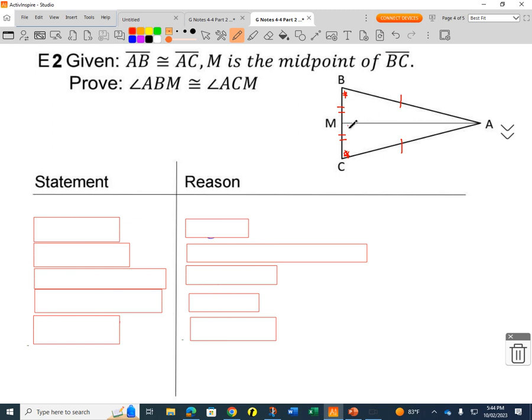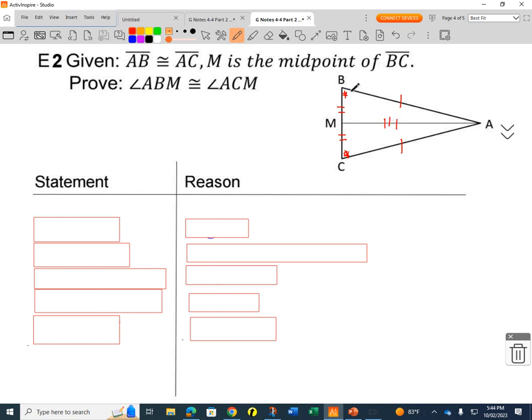And what else do we know? We know that these two triangles share a side. So AM is congruent to AM in both triangles. So in triangle AMB and triangle AMC, AM is congruent because they share that side.